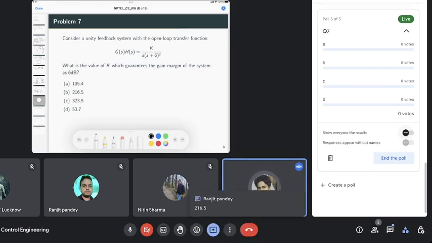So this gives the phase margin. You can answer through the poll. Let others try, then we will discuss. Just apply this basic definition, then you can find this.